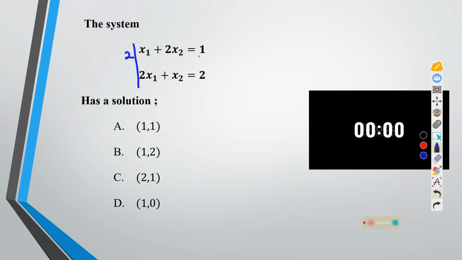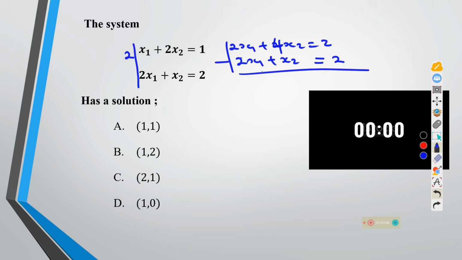So let us first multiply here by 2. 2x1 plus 2x2 is equal to 2. This will be 4. Then 2x1 plus x2 is equal to 2. So subtract. This will be 0. This will be 3x2 is equal to 0. So x2 is 0.